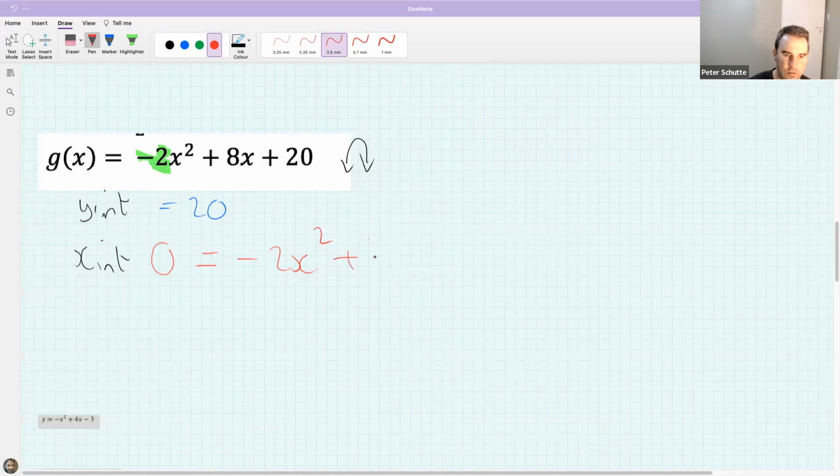I guess I have to solve this. And I do think in this situation, probably the formula would be, well, it depends, everyone's different.